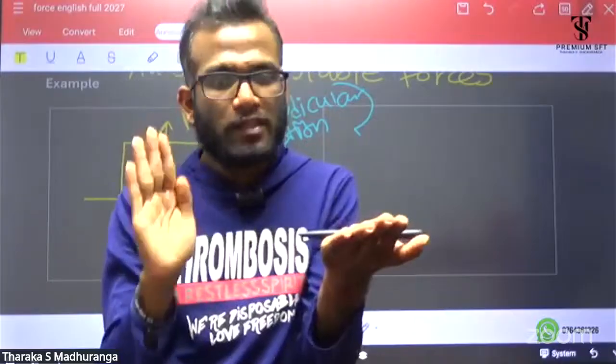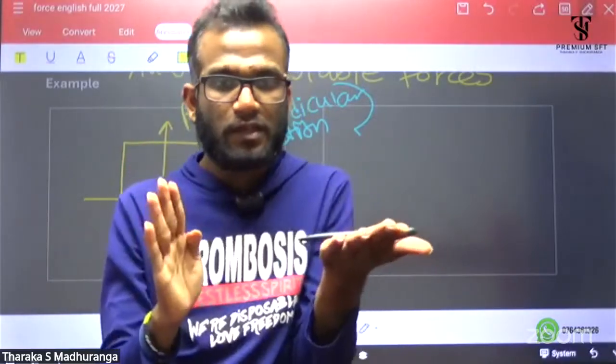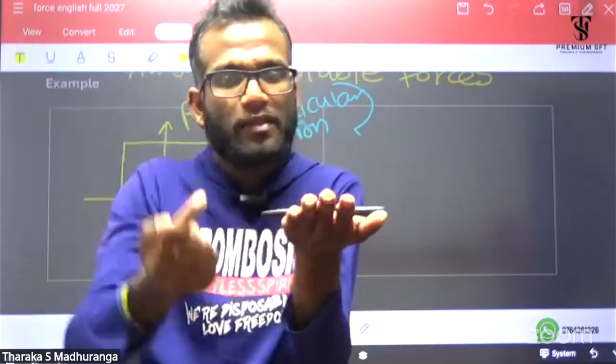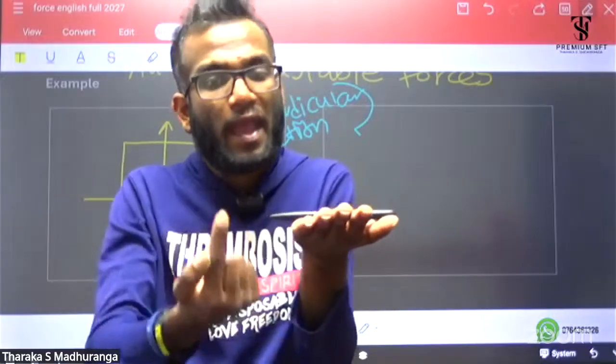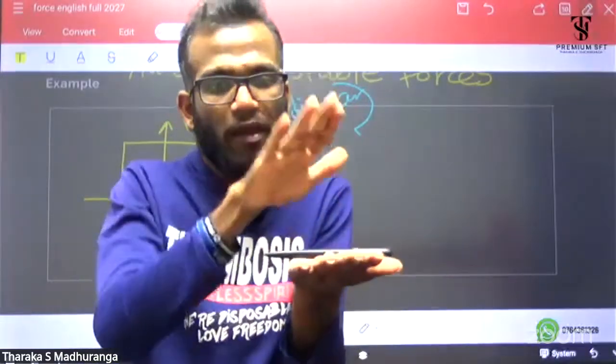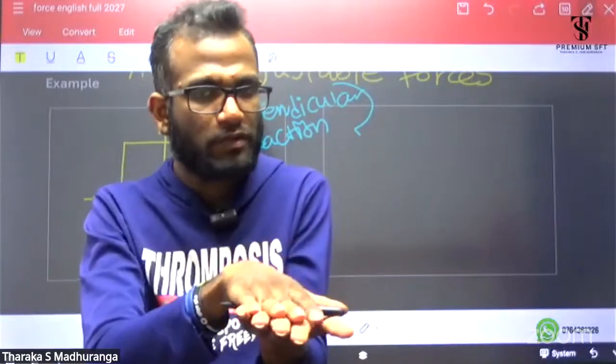That's why it is at rest. The weight acted by the pen and the perpendicular reaction acted by my hand are both equal, so it is balanced and at rest according to Newton's first law.